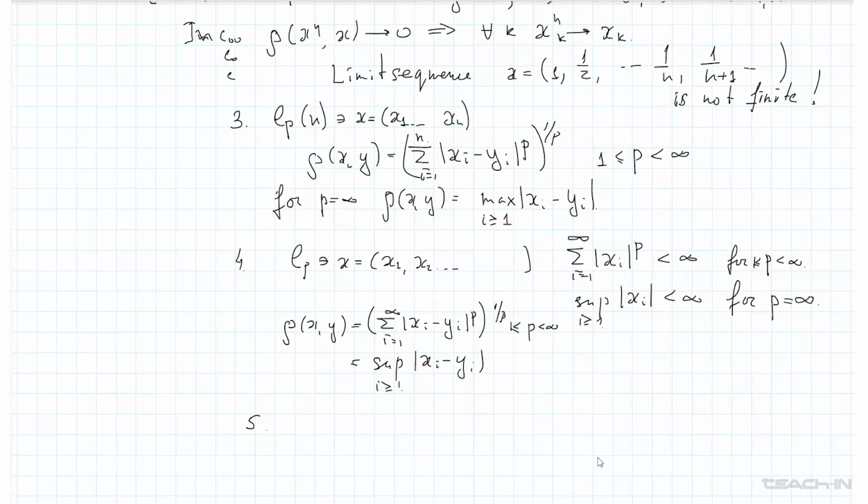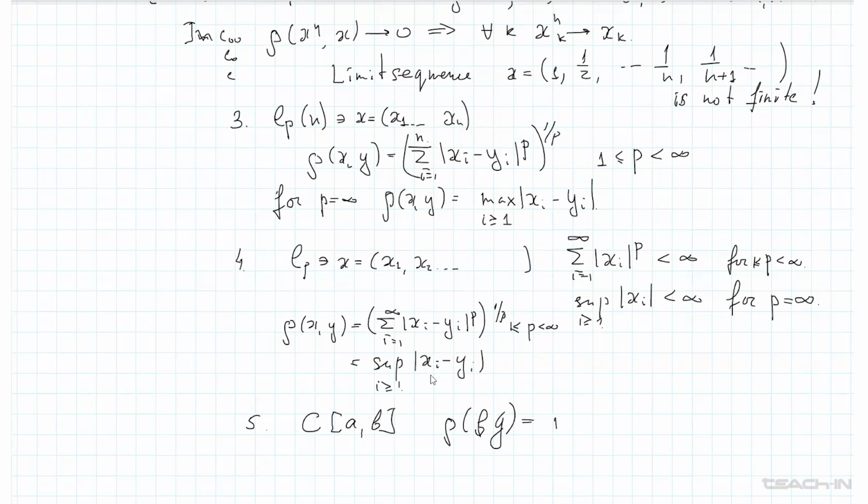So let's start with examples for functions, the space of functions. Some examples you know from calculus or from linear algebra, but of course this is from calculus. The space C of ab, where ab is a closed interval, and the metric is the maximum of the absolute value of the difference, the so-called Chebyshev or uniform metric.